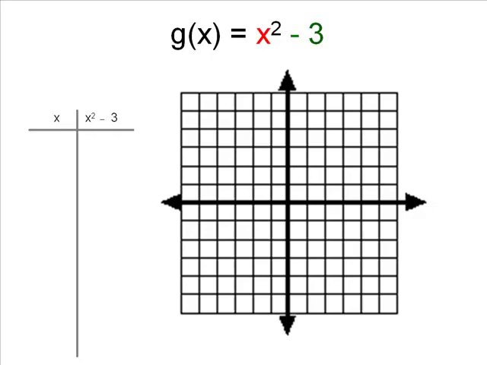Okay, let's try another one. Let's suppose we have, this time, g of x equals x squared minus 3. Again, we begin with our parent function. This time we subtract 3 from x squared, so we're going to be shifting this particular parabola down 3 units.